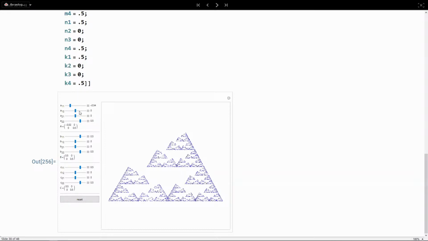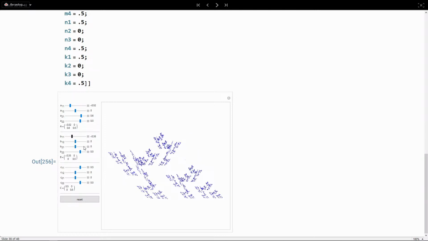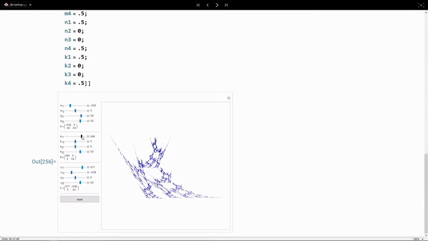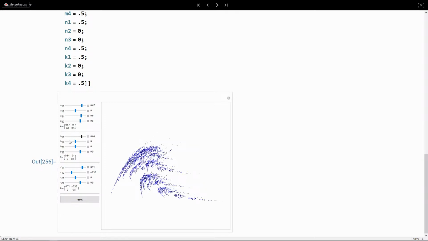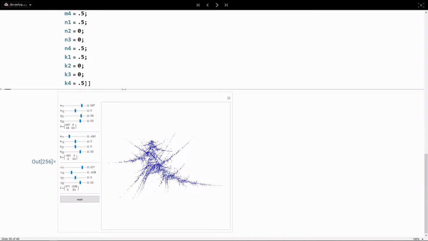As you change the different odds and where the points are, you get different patterns coming out. And this is what's called the chaos game. With certain odds and certain placements for points, you get nice patterns. But often, if you change the odds sufficiently, you'll get much more complicated patterns. And these can be generated with matrices.